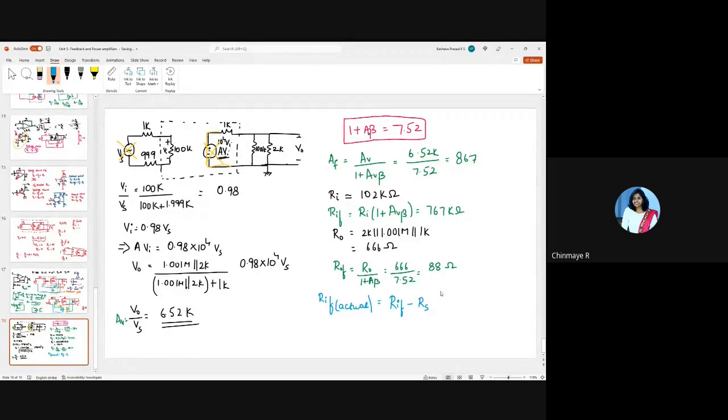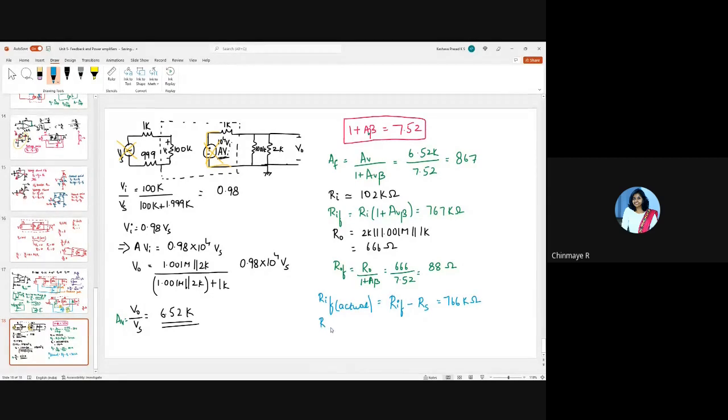But initially we considered the source resistance because we had a beta network and we didn't know how to separate the source impedance from the beta network. So we found the input impedance of this entire network of the amplifier. Since we are not supposed to consider the source resistance, because it's a part of the voltage source, let's subtract it. So now this will be equal to 766 kilo ohms, right?